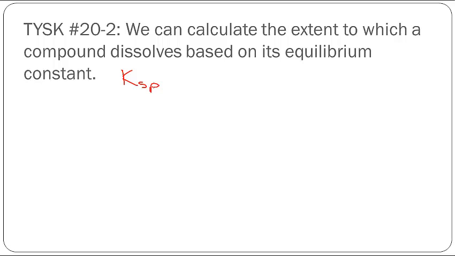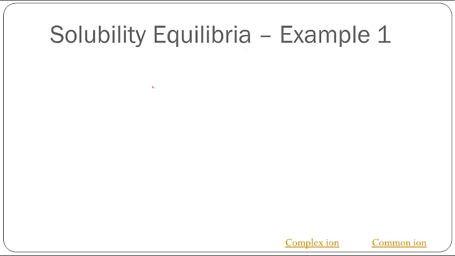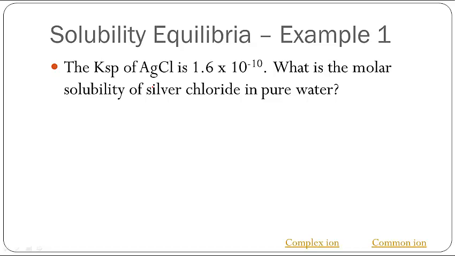Now, these are easier RICE charts in general. If we look at this example, the KSP of silver chloride is 1.6 times 10 to the minus 10th. What is the molar solubility of silver chloride in pure water? Well, let's start with, Caitlin, what's my chemical equation for the dissolution of silver chloride?